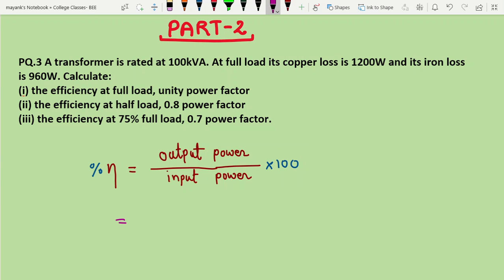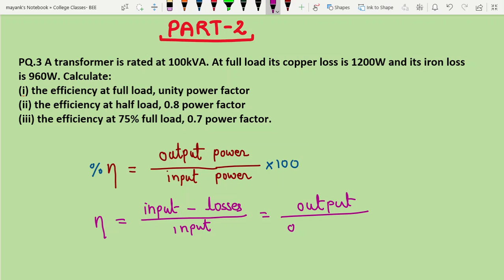See, one can write output as input minus losses, divided by input. Or you can write output upon output plus losses.